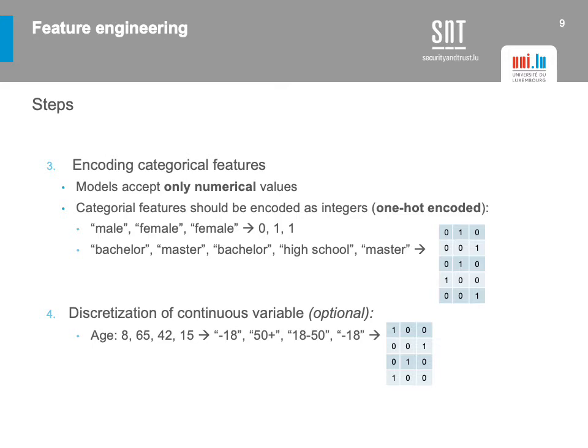You then have some discrete value, and you encode it as a categorical feature.